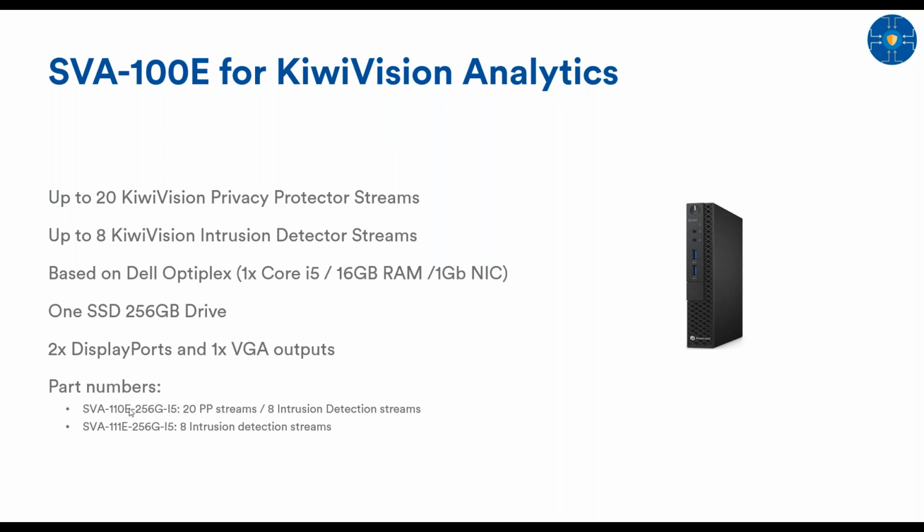So it's able to do 20 privacy protection stream or 8 intrusion streams. We do have 2 different models here, the SVA 110 and 111. This one will have a bit of a different processor in here.